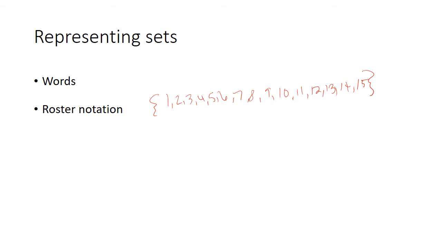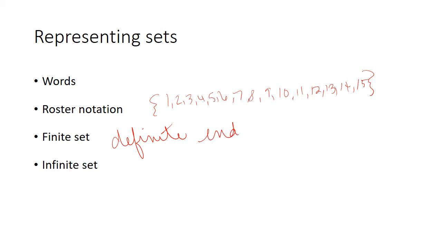When you're looking at sets, you've got to decide if they're going to be finite, which means that there's an ending. A finite set, like the billiard balls, has a definite end. Or it can be infinite, which means you don't really know where it begins and you don't know where it ends.